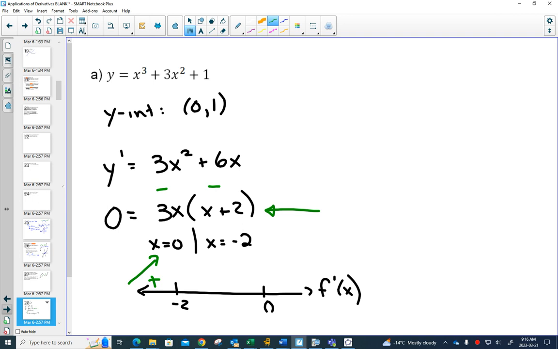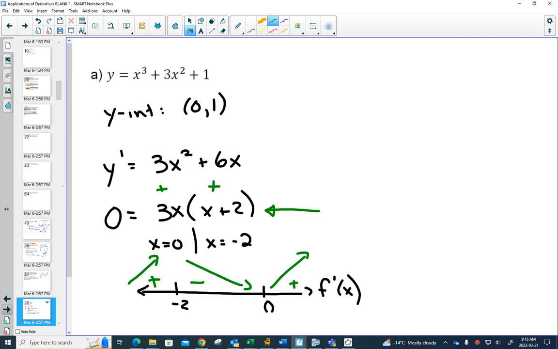Something between -2 and 0 would be -1. 3x would still be negative, but now -1 would make this factor positive. A negative times a positive. That's decreasing. And then plugging in something bigger than 0, like 1, makes them both positive. So it goes from positive to negative to positive.